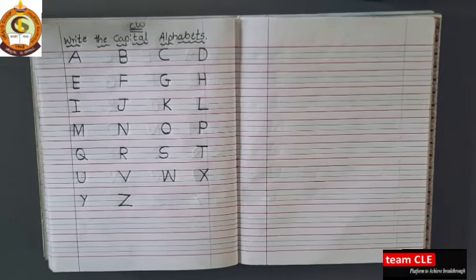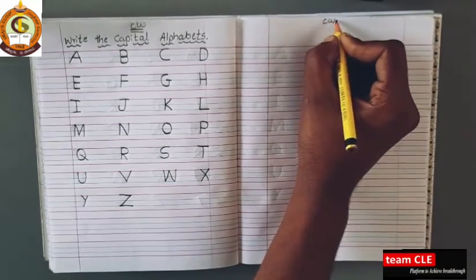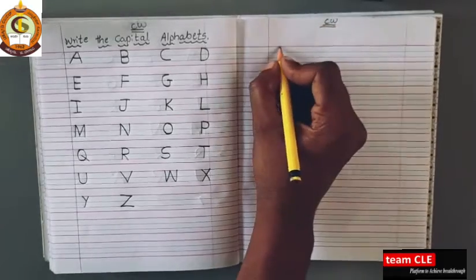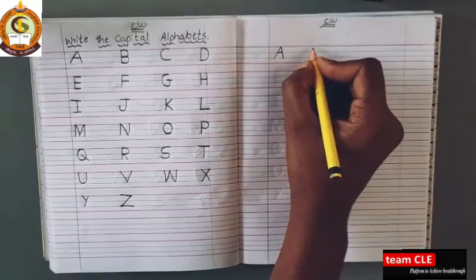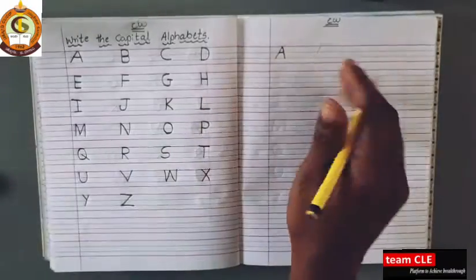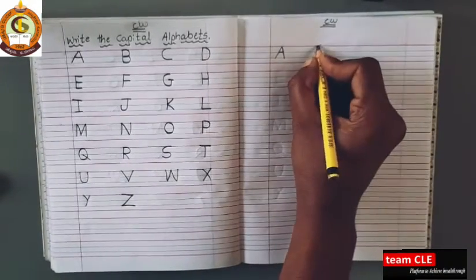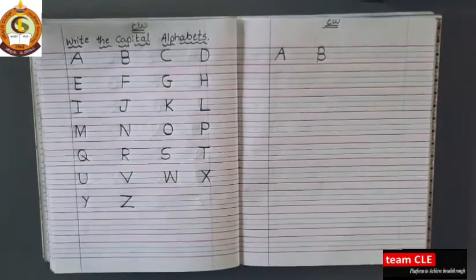Okay? Yes. So once again we'll write it here. A for apple. B for ball.